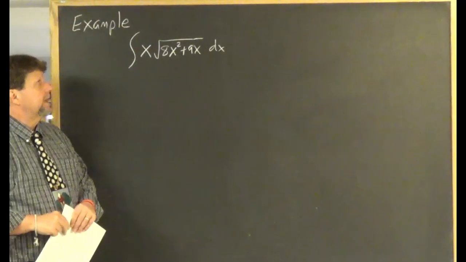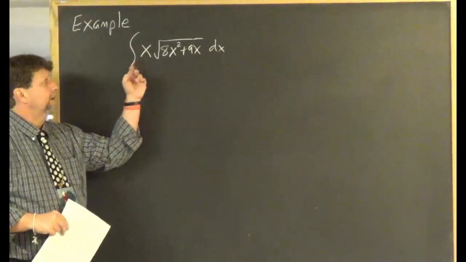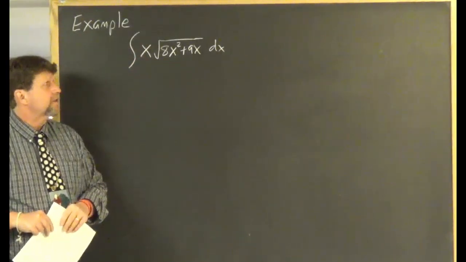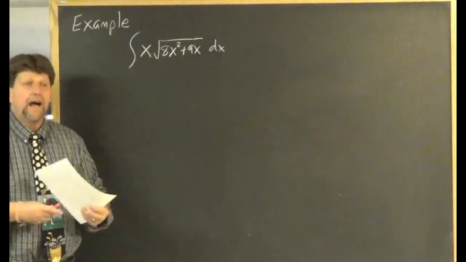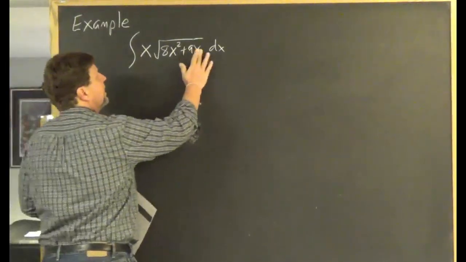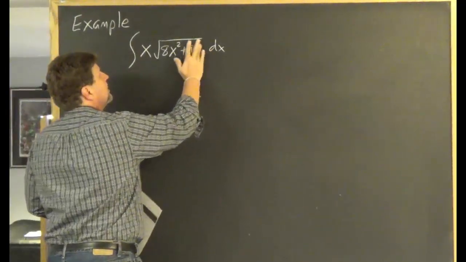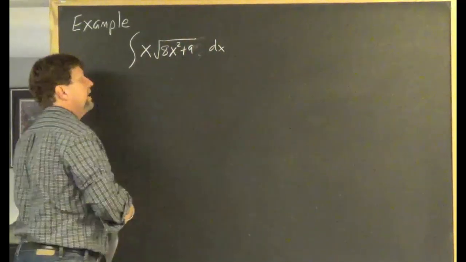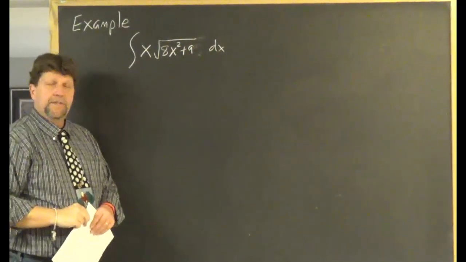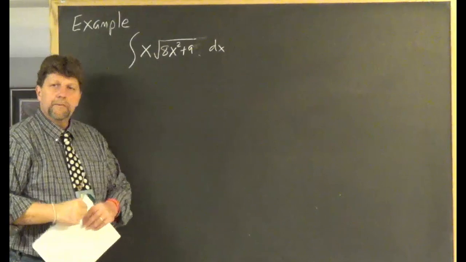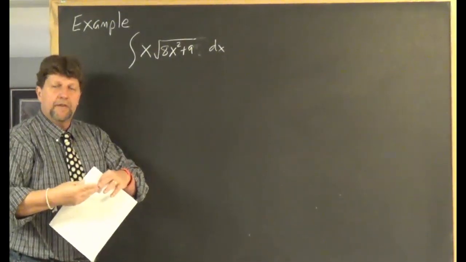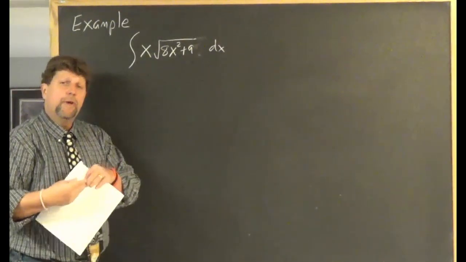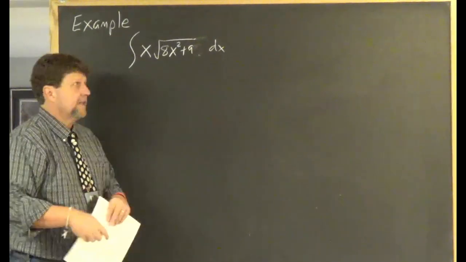All right, in this example, we were asked to integrate x square root 8x squared plus 9. I have an extra x in there. 8x squared plus 9 is under the radical dx. So I'm going to begin like I've started off all the other problems so far. I'm going to let u equal what's under the radical sign.